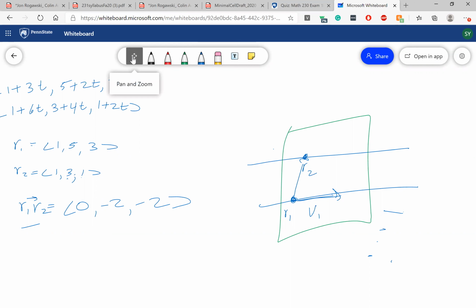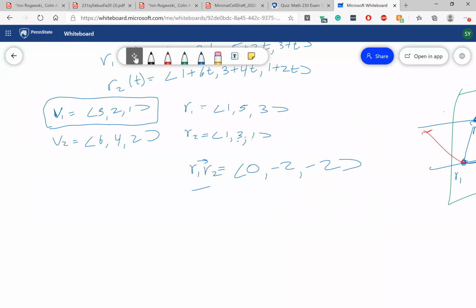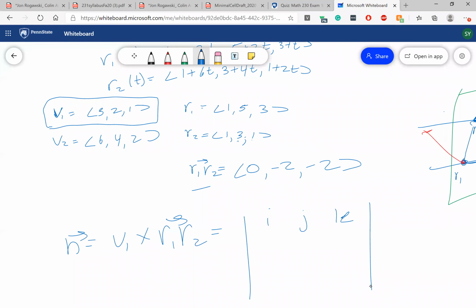So now that we have these two vectors, we want to find the normal vector. The normal vector is going to be equal to v1 cross r1r2, which is equal to the determinant of i, j, k, then the vector 3, 2, 1, and 0, negative 2, negative 2.